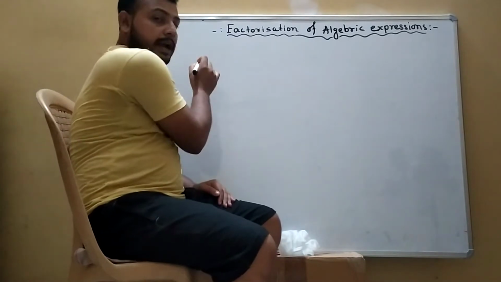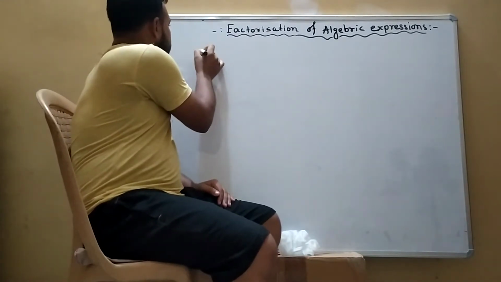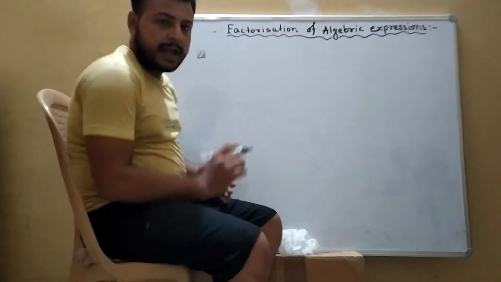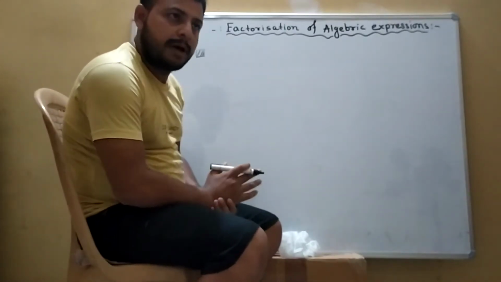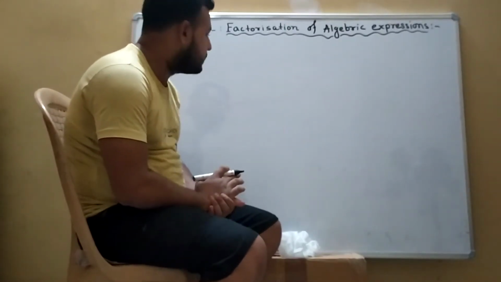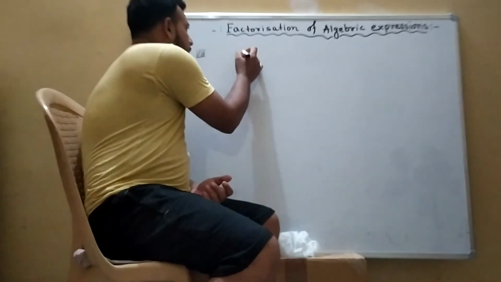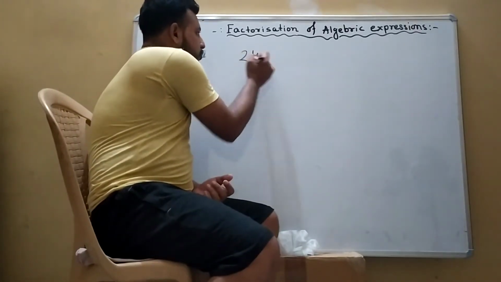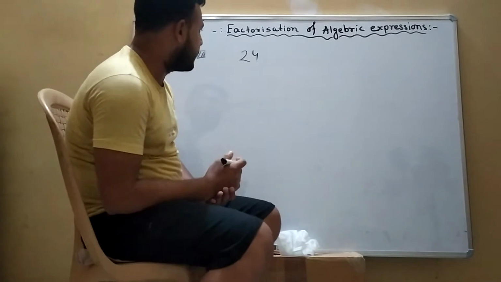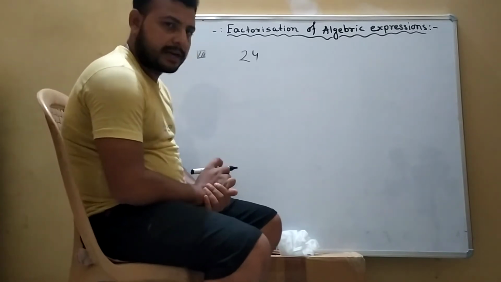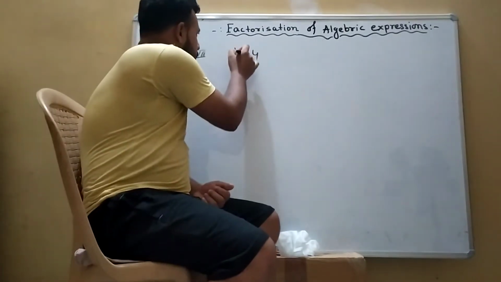If you see about numbers, I am taking a number as an example so we can understand this. I am taking 24 here and I am factorizing it.